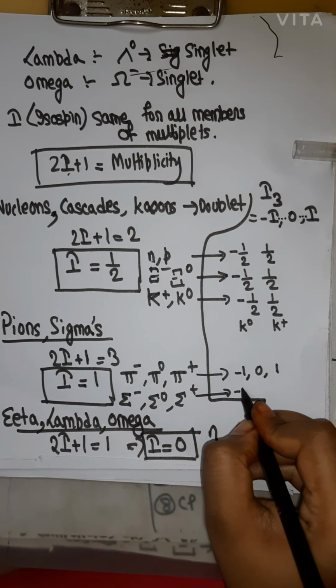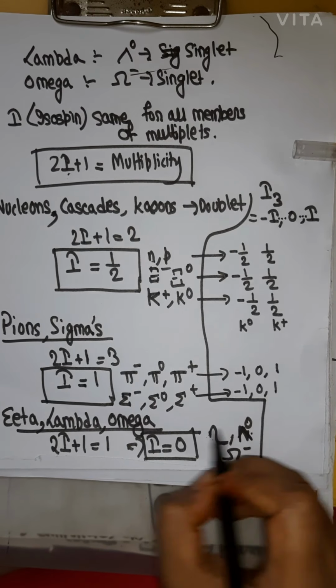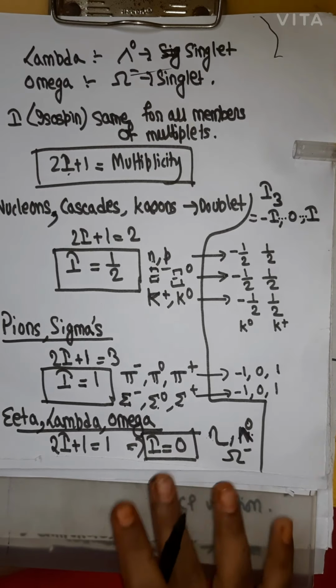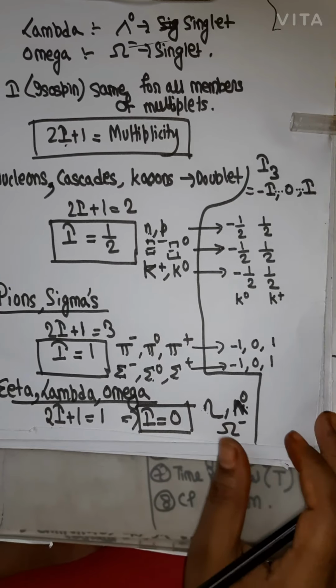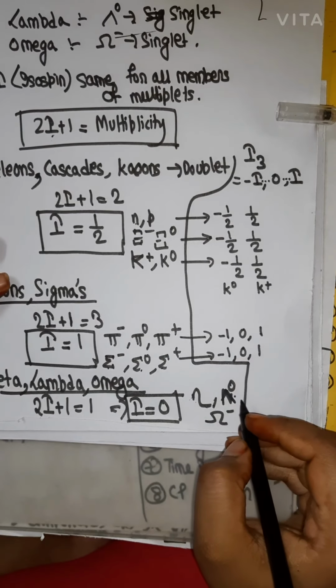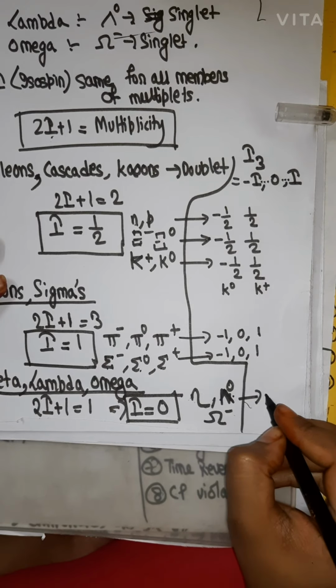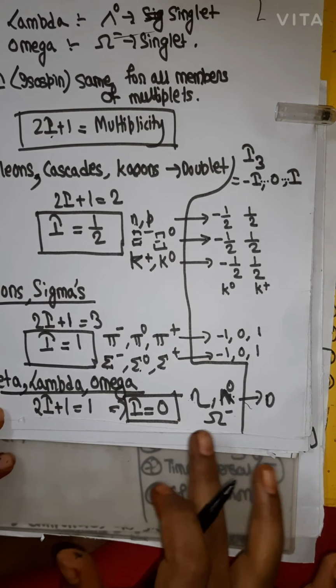For sigmas, similarly, minus 1, 0 and 1 for sigma minus, sigma 0 and sigma plus. For eta, lambda and omega, as I is equal to 0, the third component for all of these will be 0, that is I3 is equal to 0.